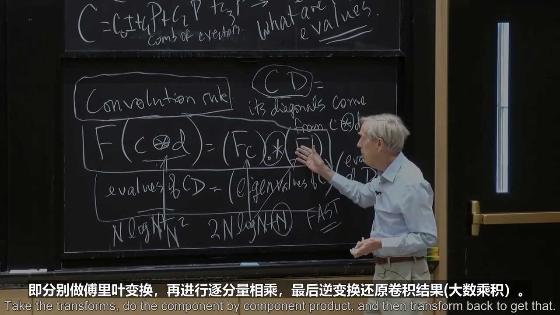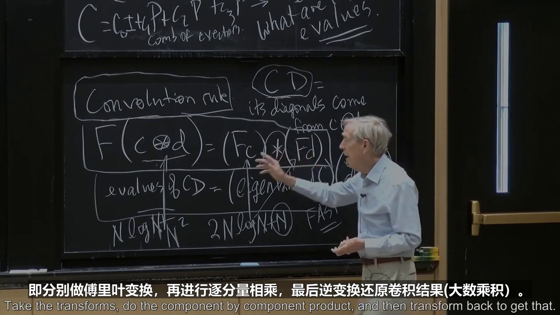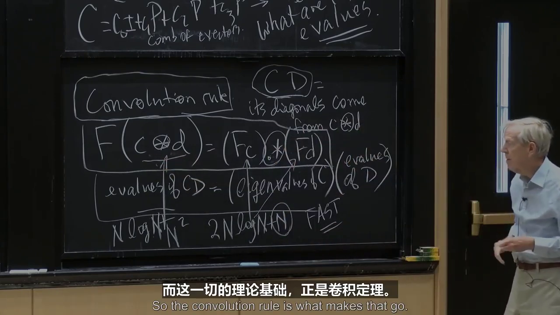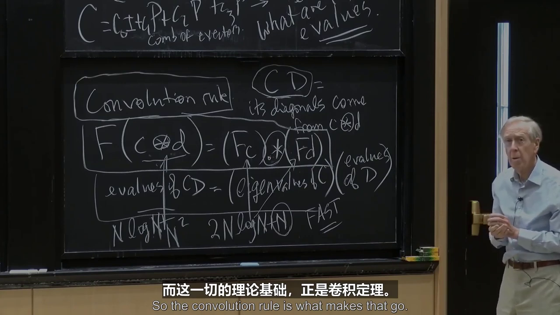Take the transforms, do the component by component product, and then transform back to get that. Yeah. So it's the convolution rule that makes that go.